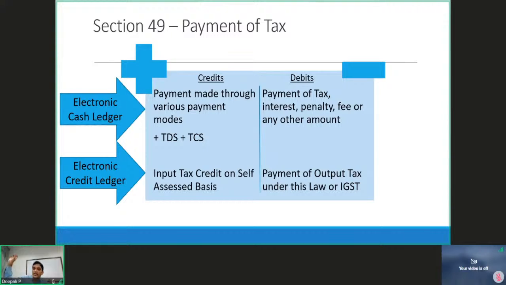Once he files the TDS return, that amount comes to me as a credit in my electronic cash ledger, and I will utilize this. This becomes a part of my kitty. So when I transfer a check to somebody, that gets debited from my account and gets credited to your account. Similarly, this TDS, once he deducts and remits to the government, gets debited from his account. It comes as a credit in my electronic cash ledger. Clear?